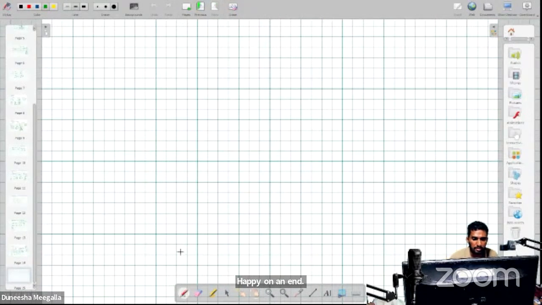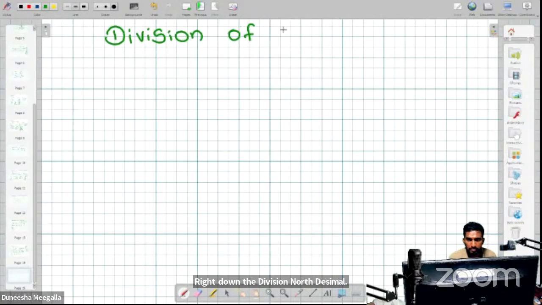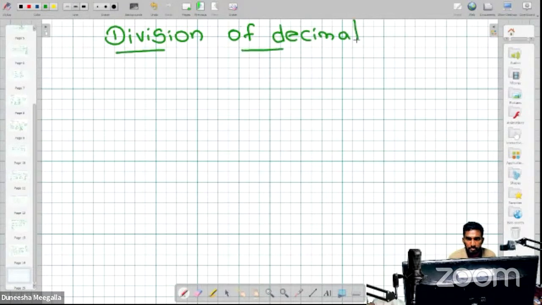Write down the subtopic: Division of decimals. 24 divided by 0.6.